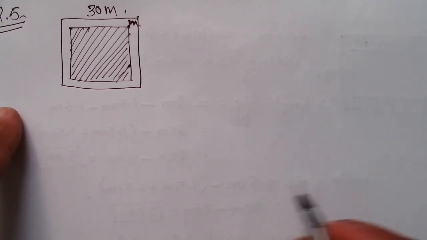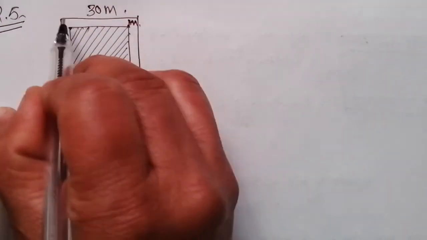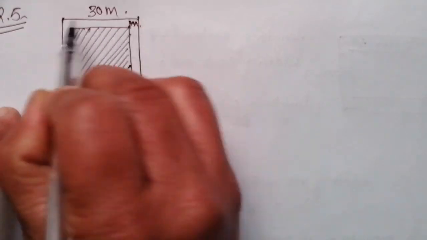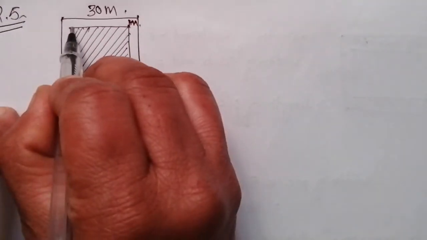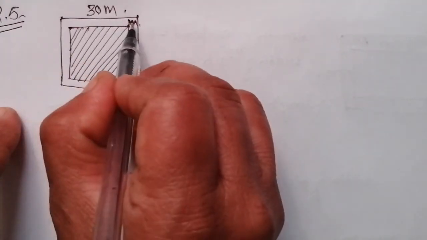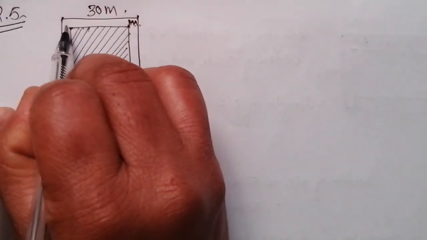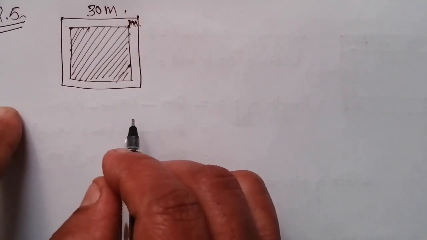For that you have to find out the costing. First of all, the width of the garden is given. If it is a square, all sides are the same. So this is 30 meter, and you have to find out 30 minus 1 plus 1, that is 30 minus 2.